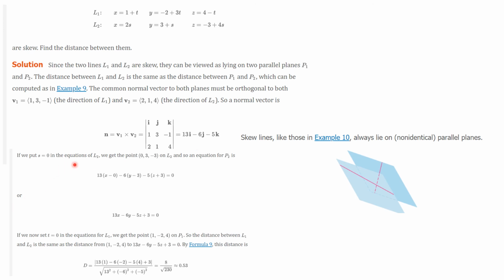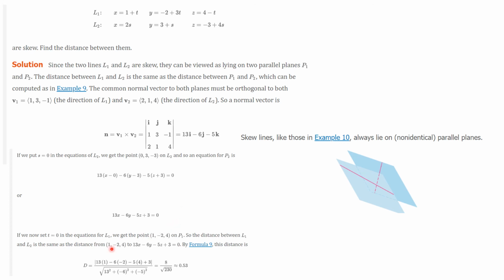Okay, so now if we put x equal to 0 in the equation of line 2, we get this point that is on L2. And so an equation for P2 is given by this, since we have the point, and so we get this as the equation.